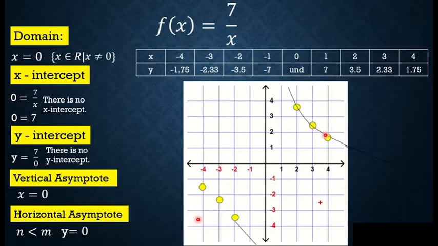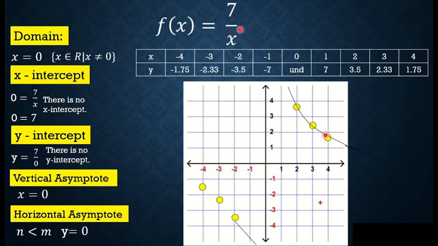Okay, so we have the example: f(x) equals 7 over x. In the domain, if meron siyang polynomials sa denominator, you need to factor out. So we have x.